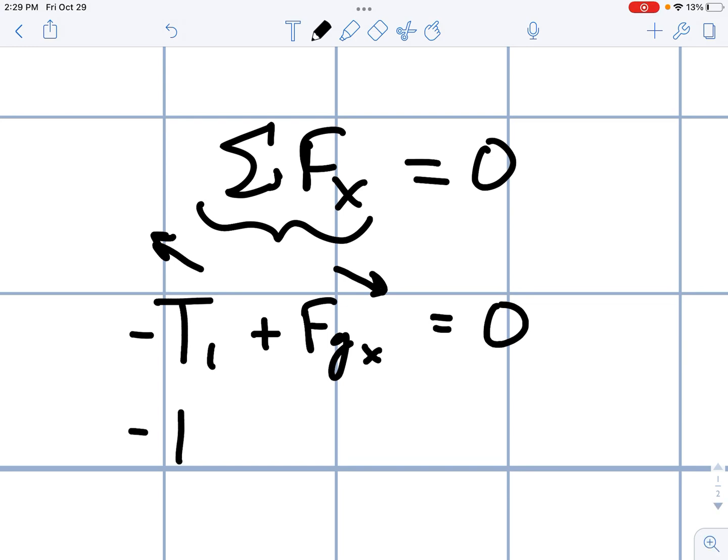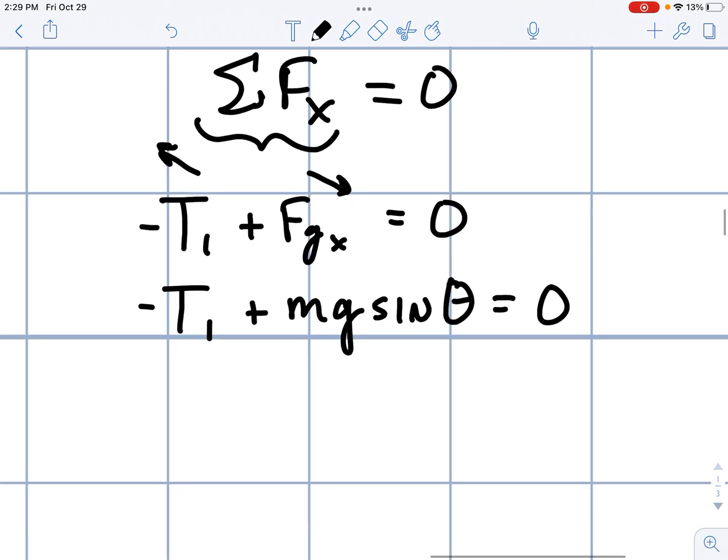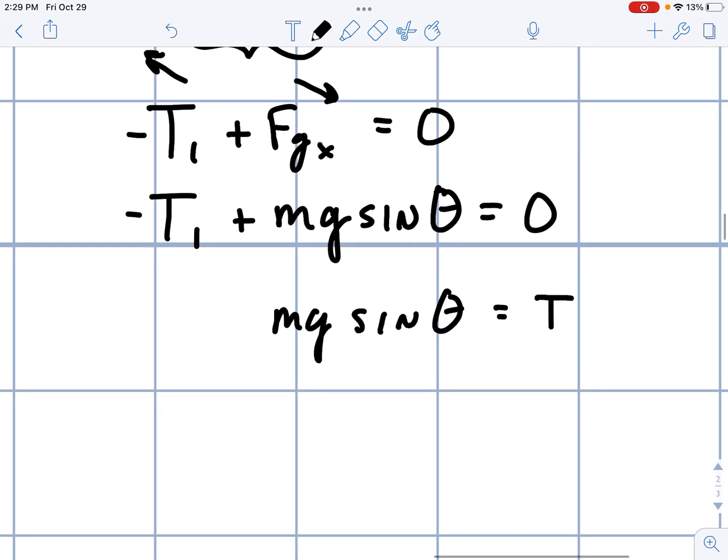Great, let's keep going. Negative T1 plus, well, what is FGX? It's just mg times sine of theta, equals 0. If we add T1 to both sides of the equation, we get mg sine theta equals T1. And there we go. Now it's just a matter of substituting in.